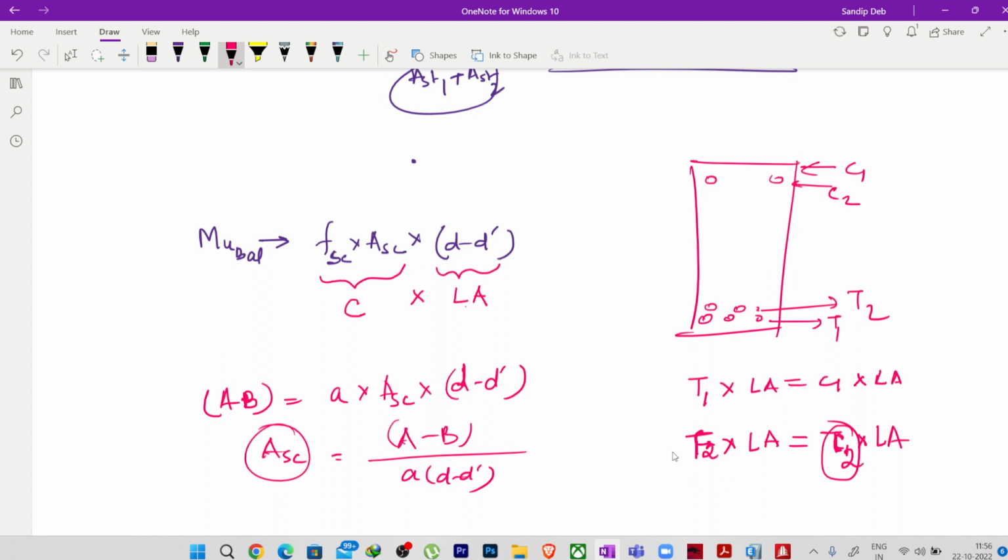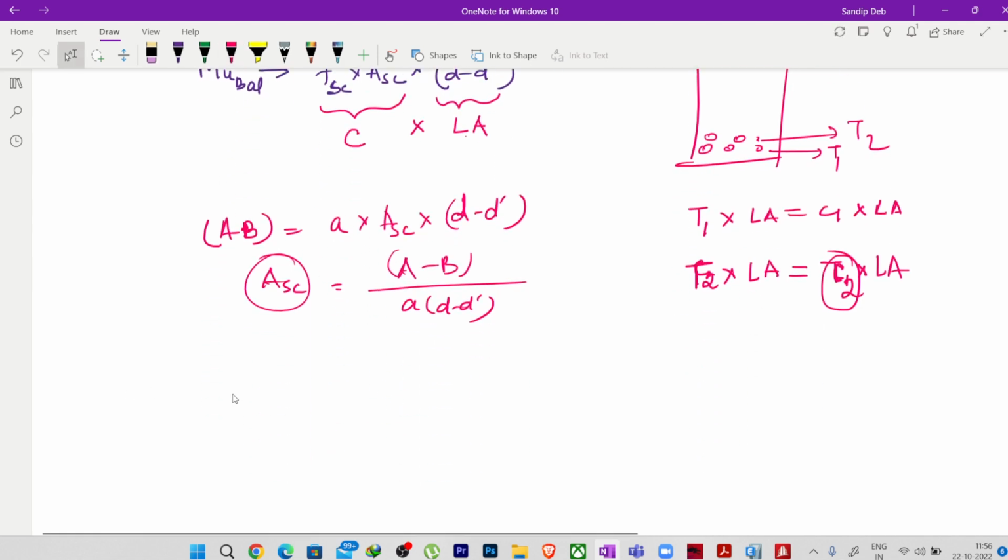Then how can we find out the T2? So here we know that C2 equals T2, we can easily write this here, right? C2 equal to T2. Now from this particular process we can easily find it out.